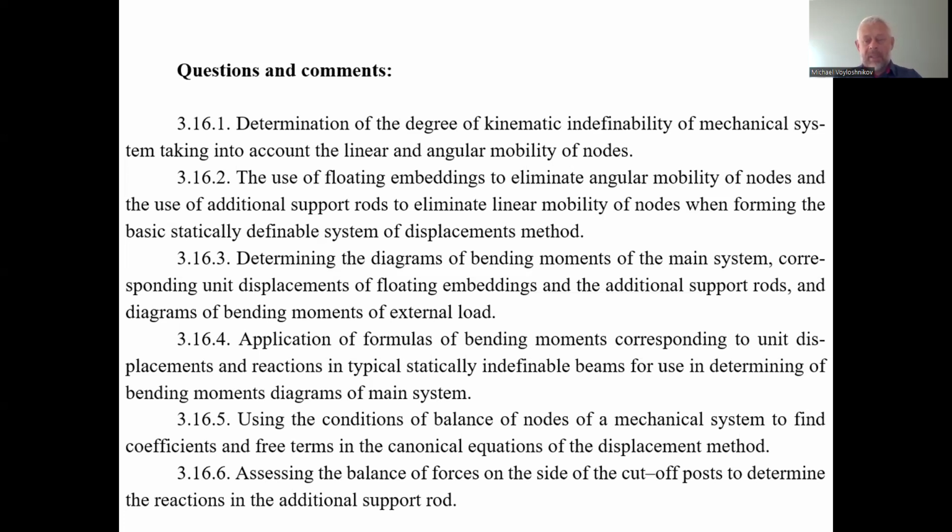We can find the force which arises in the extra supporting rod due to the displacement, maybe angular displacement, of the extra floating embedding installed in the other rods, maybe installed perpendicular, or at another angle to the one rod which passes through the line of action of the extra support reaction considered.